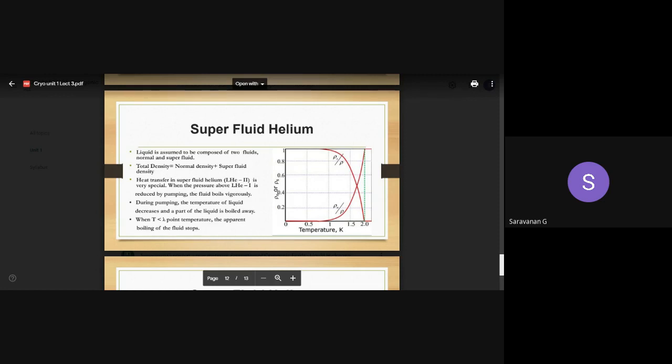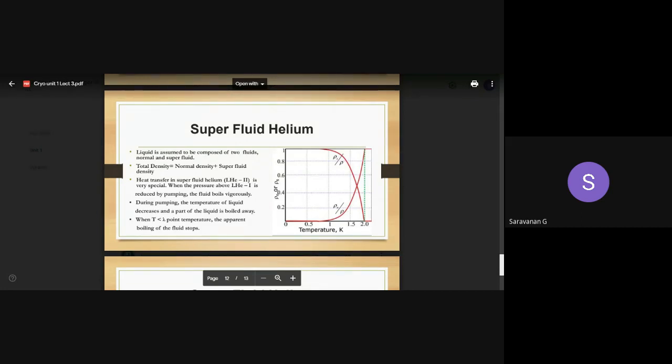But under what condition does the boiling stop? When the boiling temperature of the fluid is less than the lambda point temperature, the apparent boiling of the fluid stops. See the diagram, graphs 0.5, 1, 1.5, 2. As temperature increases, pressure also increases, with the corresponding density. We have two densities, the normal density and the superfluid density.